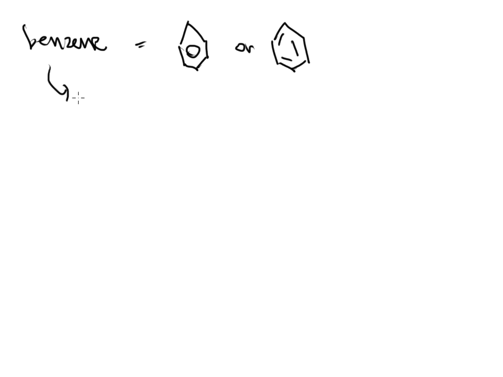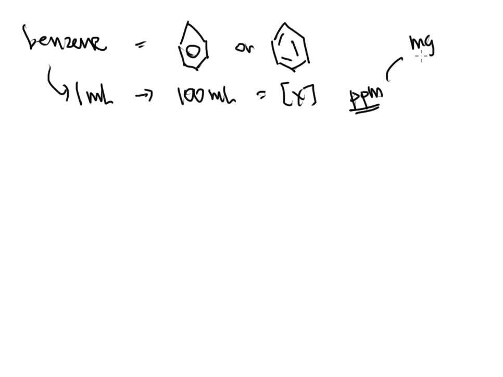Let's say that we put 1 milliliter of benzene in a 100 mL volumetric flask, and we want to calculate the concentration of that solution in parts per million. Now, keep in mind, parts per million means milligram per liter.